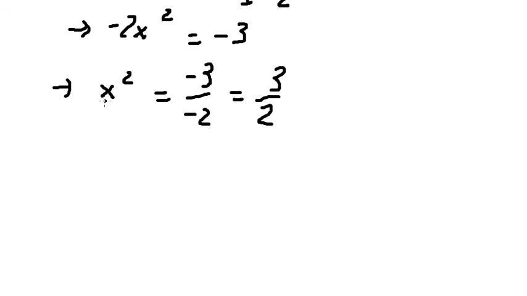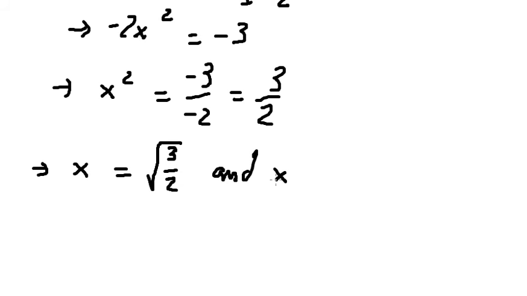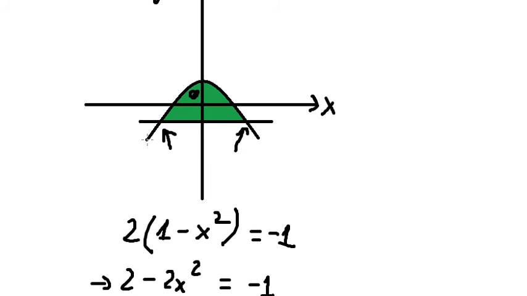Next, we take the square root of both sides. And we have s equals the square root of 3 over 2, and s equals negative the square root of 3 over 2. And now, this one is negative the square root of 3 over 2, and this one we have the square root of 3 over 2.